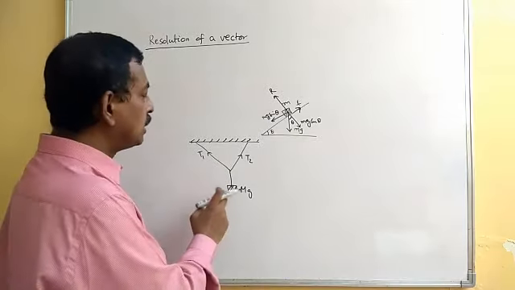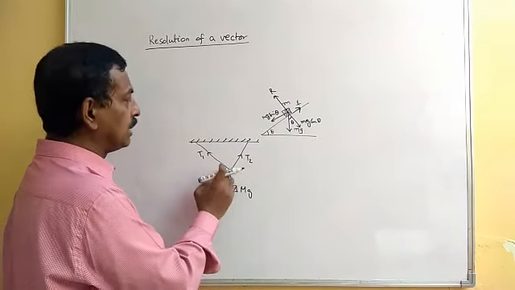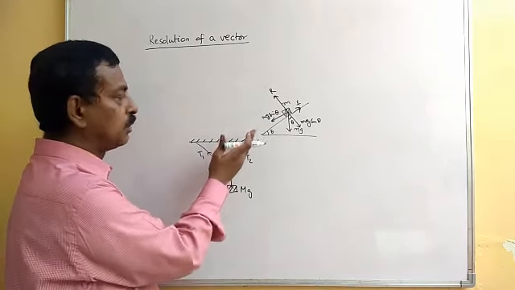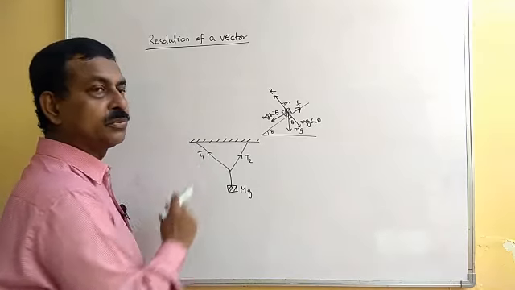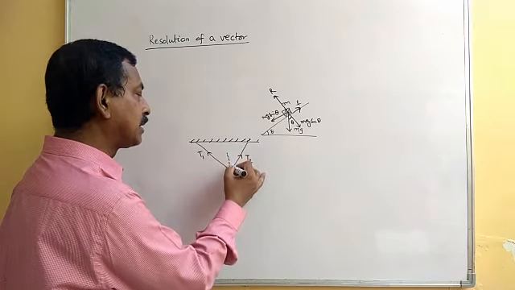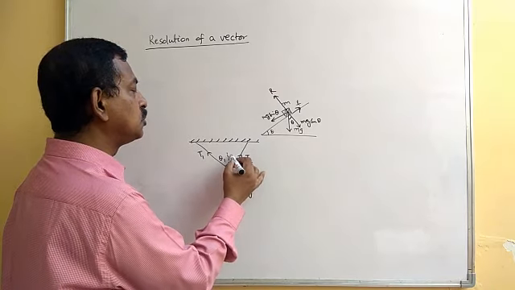Another example is that suppose you have a body of mass m attached with a string, and there are two other strings also connected as shown here. The tensions developed in the strings are T1 and T2. This angle is suppose your theta 1 here, this is your theta 2.